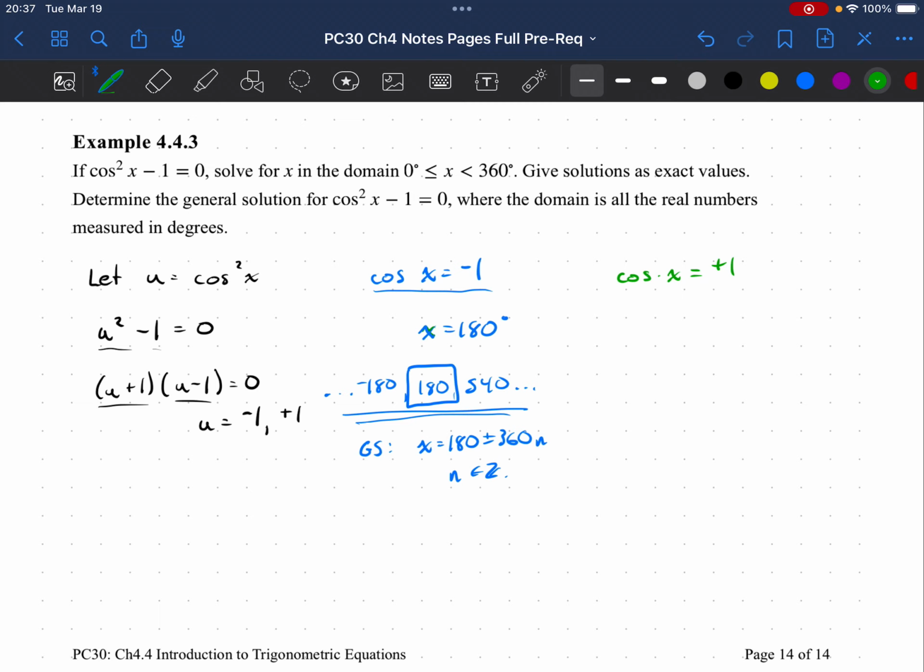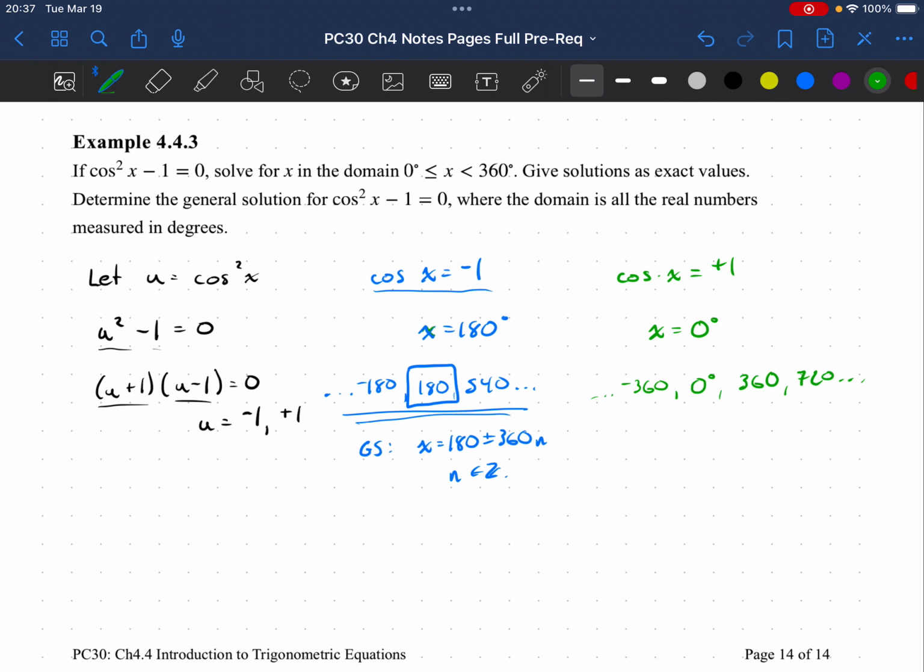Here I look on my unit circle for when x is plus 1, and I get 0. x is equal to 0 degrees. So all my angles would be 0, 360, 720, and it keeps going that way, negative 360, and keeps going that way.